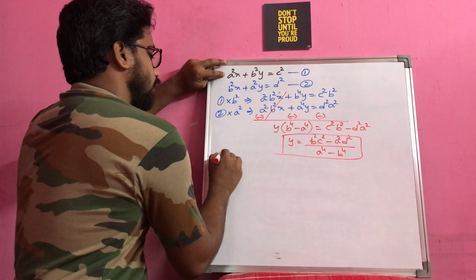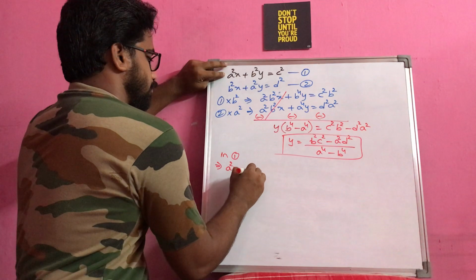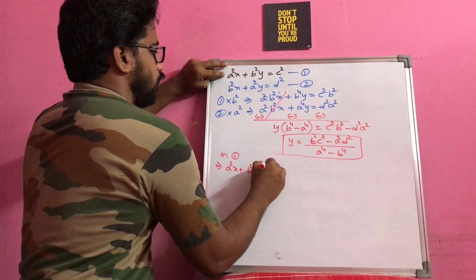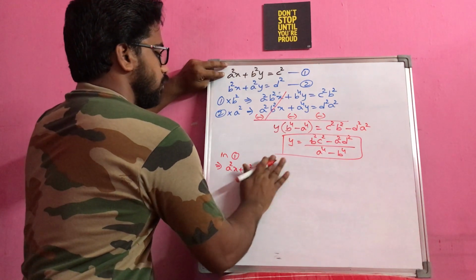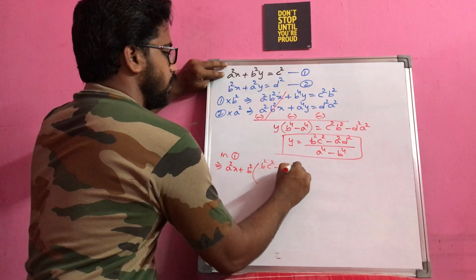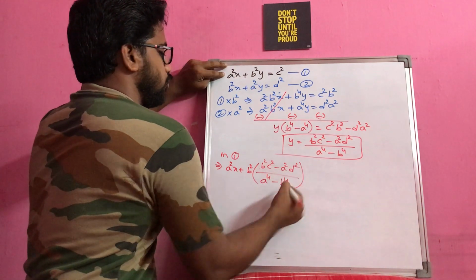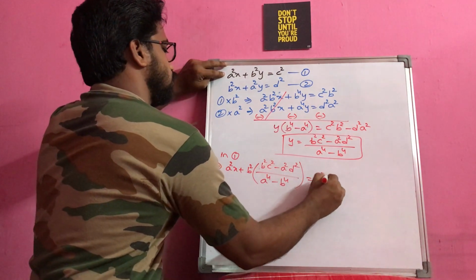So I am substituting in equation 1: a square x plus b square into y, which is b square c square minus a square d square by a power 4 minus b power 4, is equal to c square.